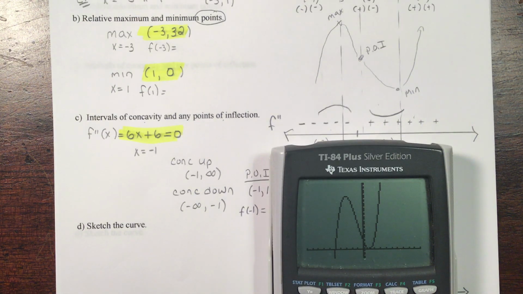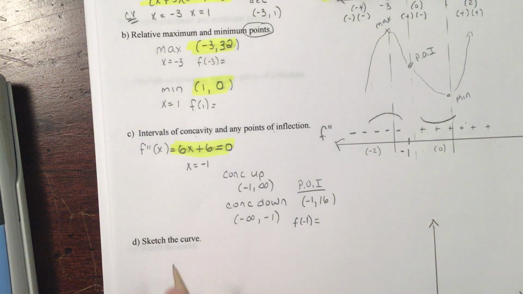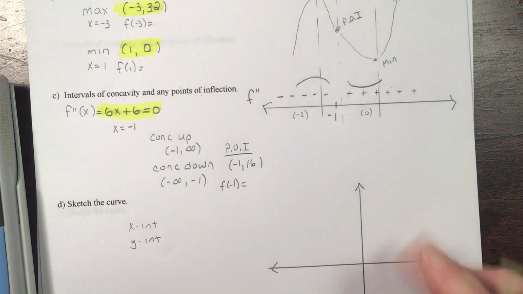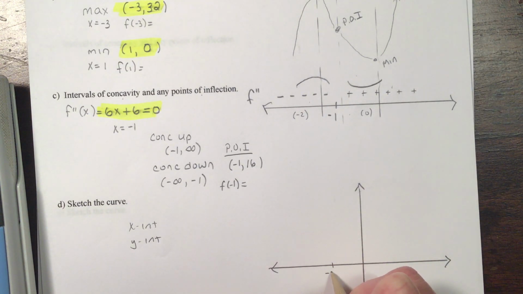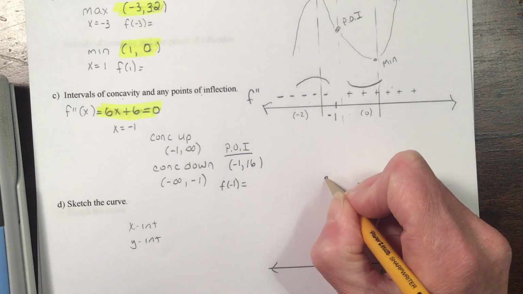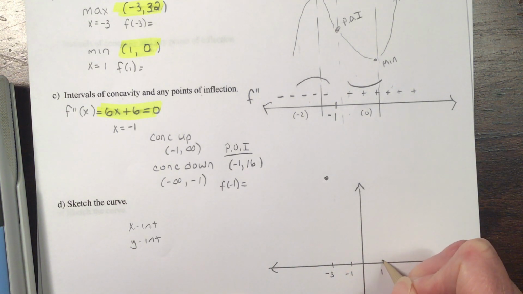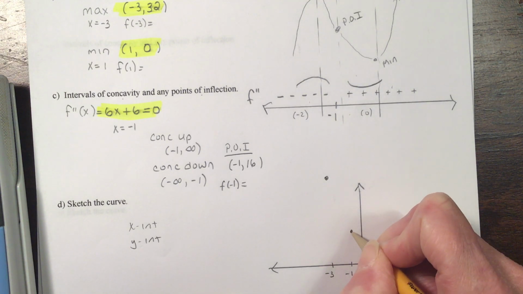Now, if we were truly graphing this, we would go on and find x-intercepts and y-intercepts and all that other stuff. But this is just a sketch. So I want to point out some of the things I'm studying right now, which are my maximum values, my minimum value, my point of inflection.